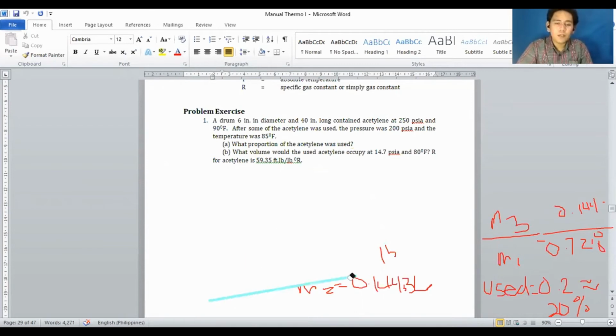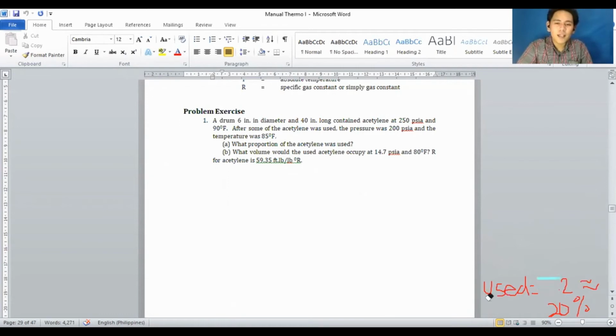What volume would the used acetylene occupy at 14.7 psi and 80 Fahrenheit, where R for acetylene is 59.35? So, what is the volume? You are given your pressure. Our mother equation would be PV equals MRT.